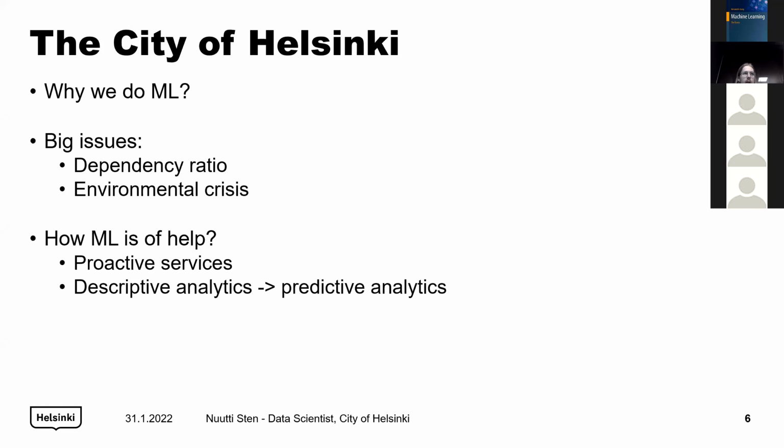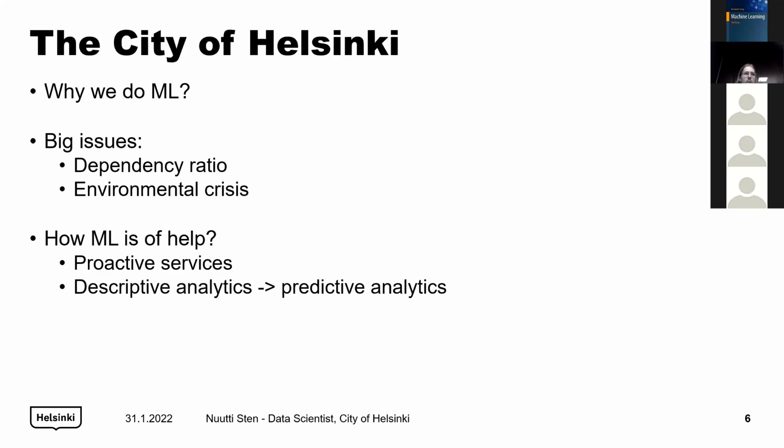We deal with a lot of national and even European and global level issues. A few of these issues that we especially want to tackle in all our actions are, first of all, the dependency ratio, and second of all, the environmental crisis, in no particular order. These two things are the driving forces for anything that we do besides the basic functions of the city.